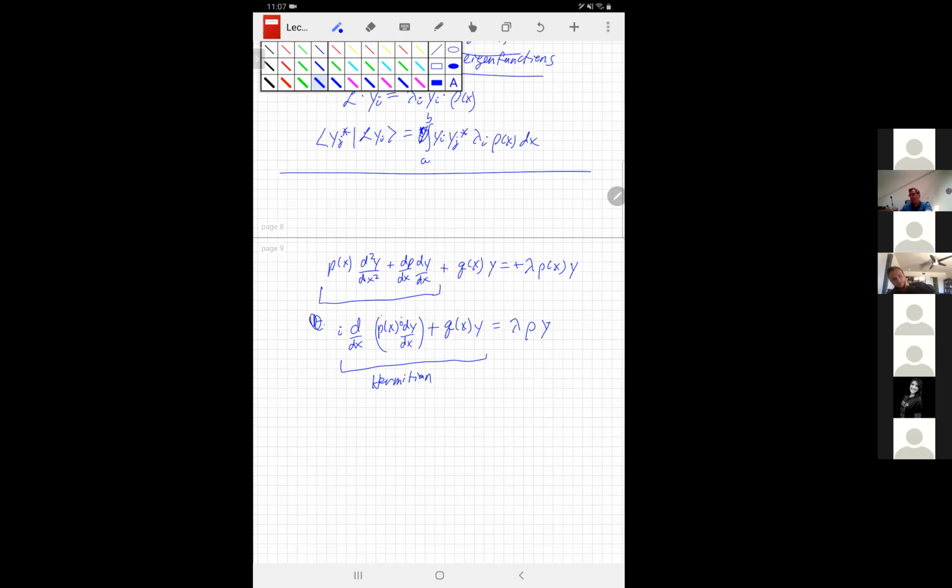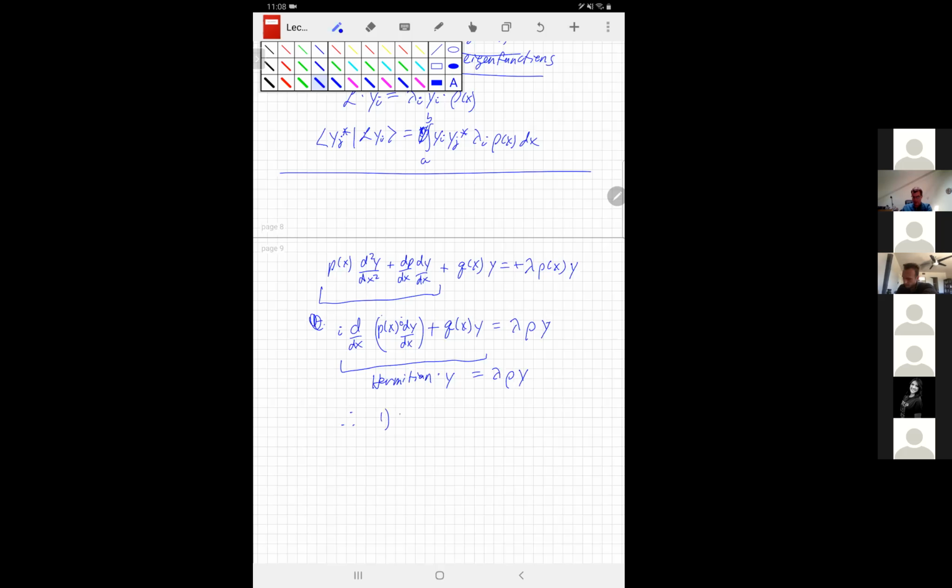If p were minus 2x, I could replace p with 2x or vice versa. So I've got a Hermitian operator acting on y equals lambda rho y.